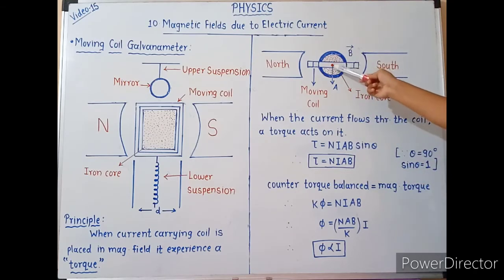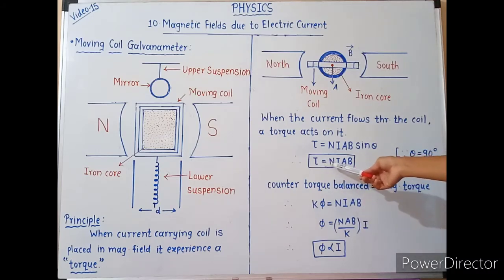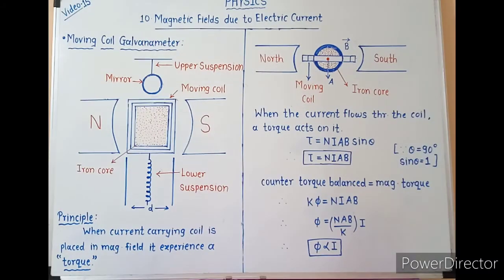Here that angle is 90 degrees, so sin 90 is equal to 1. So we get tau is equal to NIAB. It is the magnetic torque, and it tends to rotate this coil.